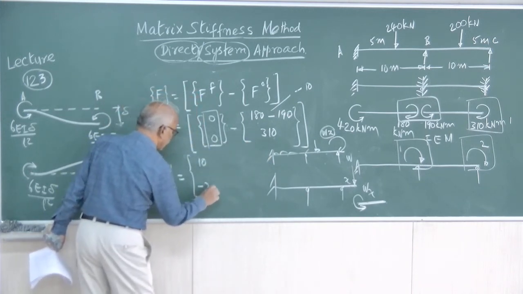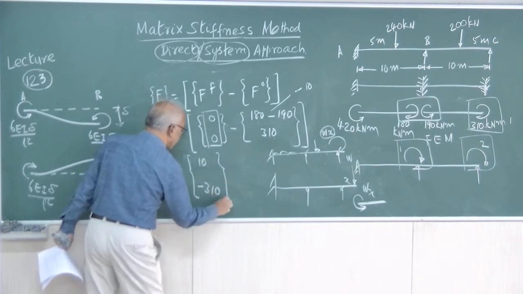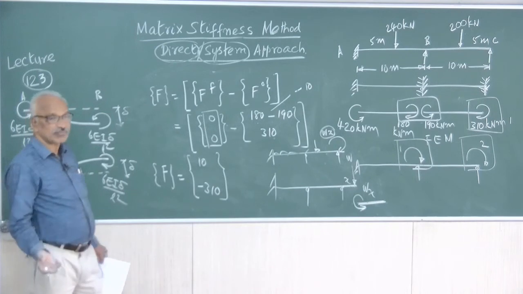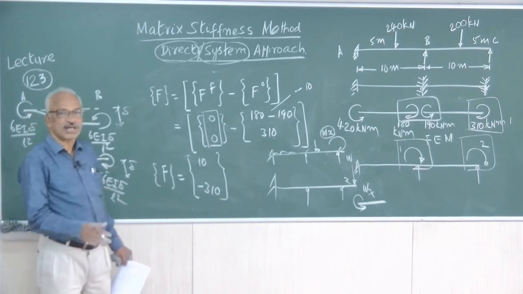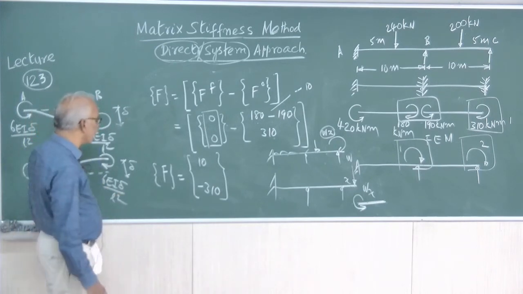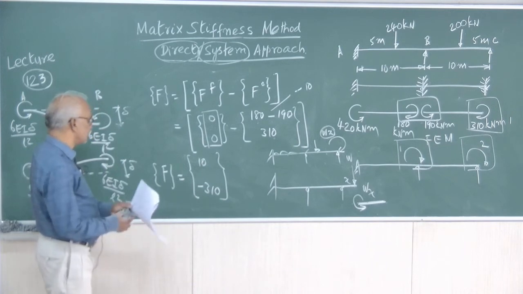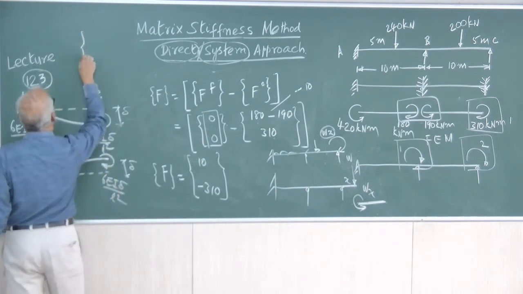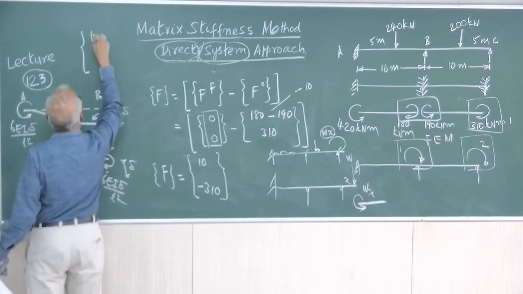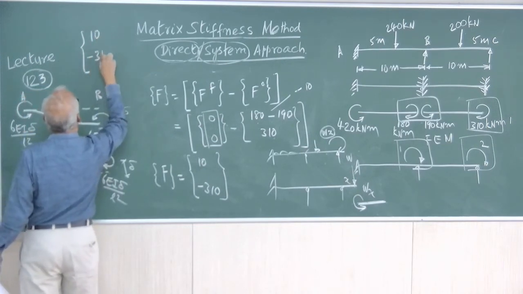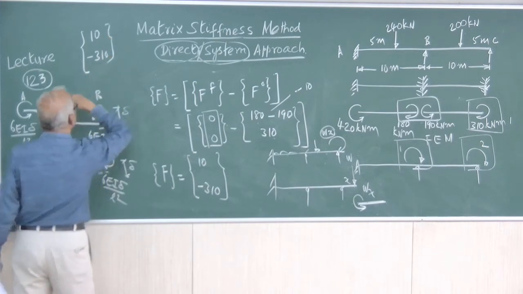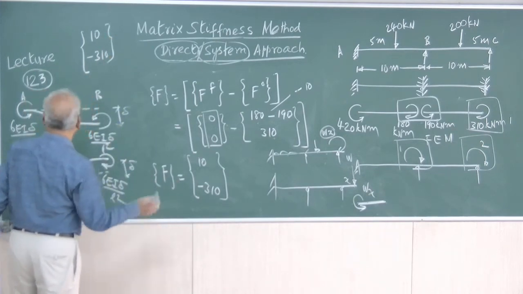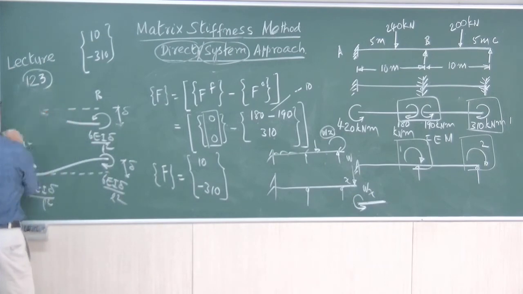Considering the external moments along the system coordinates and the fixed end moments, both, the resulting value is F equal to 10 and minus 310. So we will use this later, so that we have incorporated the settlements also.